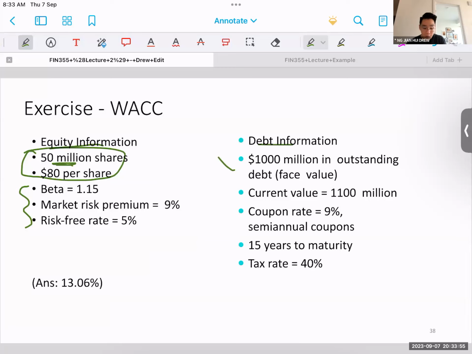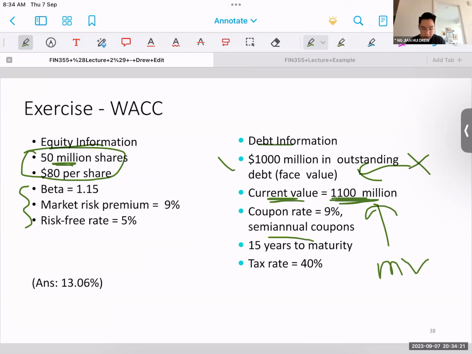We have the current value. This current value is your market value, meaning it is the value that you want to use in the weights of your components, not your par value. Everyone understand that? In terms of the weight, remember you are using your current value, nor your par value.